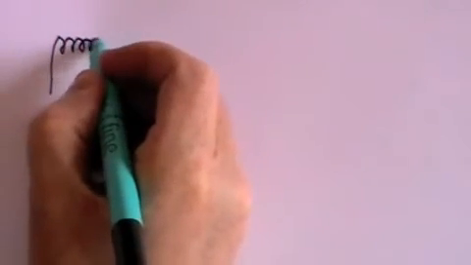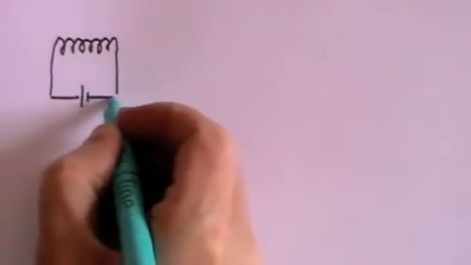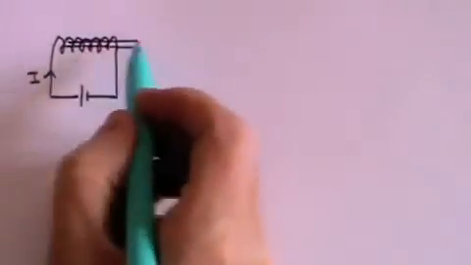If you take a coil of wire, which is sometimes called a solenoid, and you pass a direct, unchanging current through that coil, then in the middle of the solenoid there will be a magnetic field.